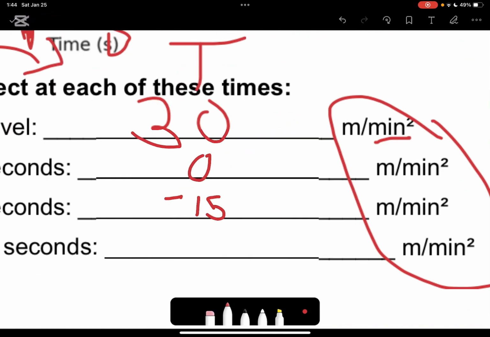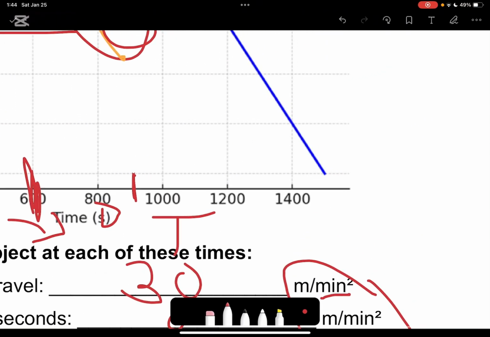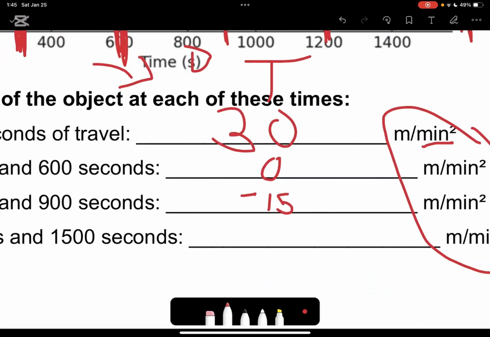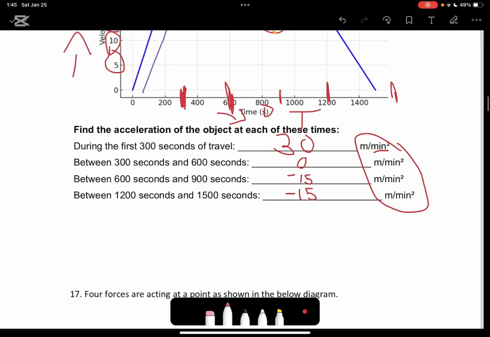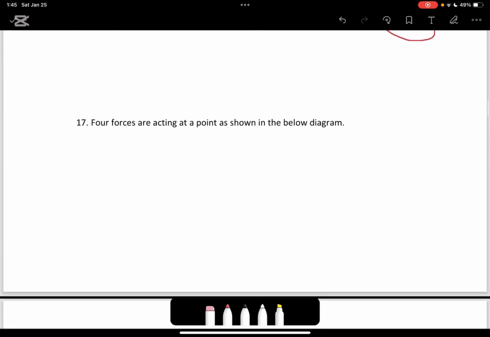So negative 15 meters per minute squared. And between 1,200 until the end, it came down from 15 to 0, so I'm just going to put the same. That's it for this question. We are done with 6C.